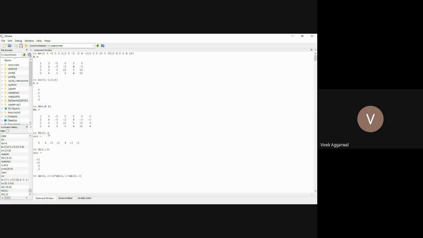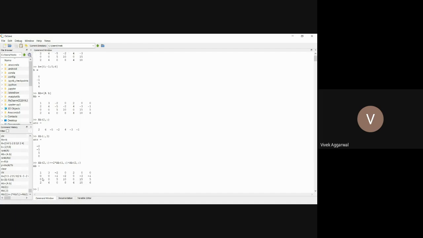So I'm multiplying minus 2 with the first row and adding to the second row, and this effect is taking place at the second row. You can see from here, minus 2 plus 2 it becomes 0, minus 6 plus 6 that also becomes 0, and here minus minus 4, so that will be 4 minus 5, it will be minus 1, and so on. So you can see from here that a new row has happened.